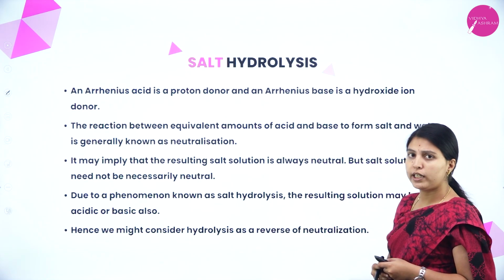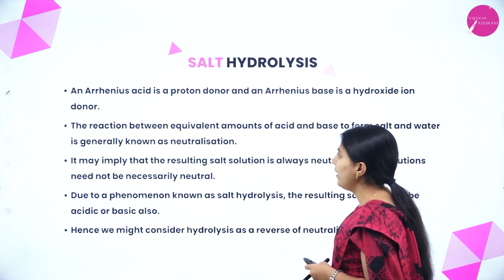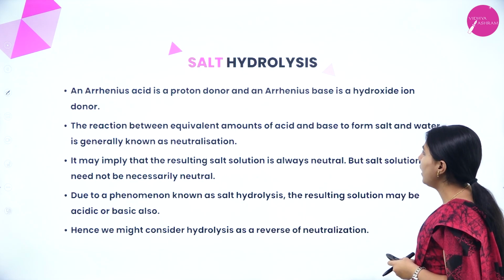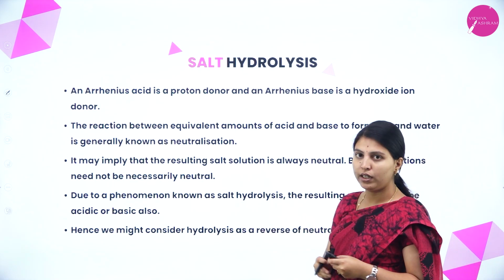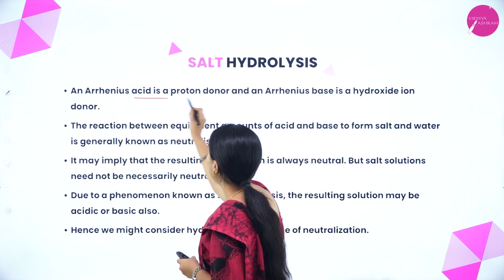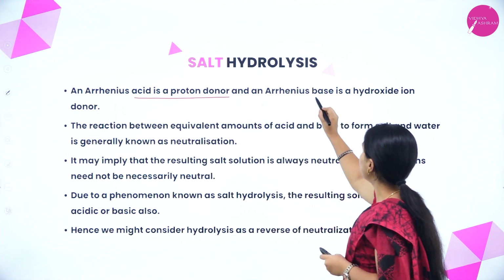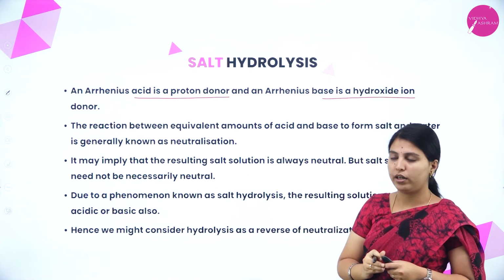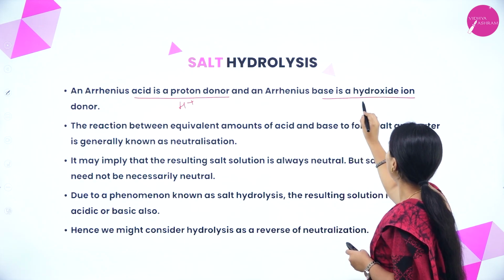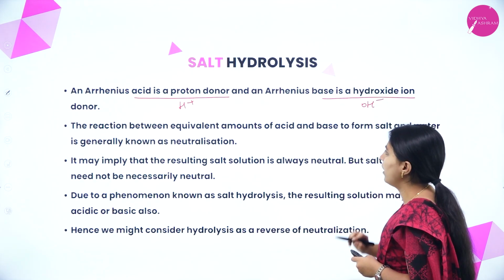First we will see what salt hydrolysis is. An Arrhenius acid is a proton donor and an Arrhenius base is a hydroxide ion donor. This concept we know from Arrhenius theory: acid is a proton donor, H plus, and base is an OH minus ion donor.